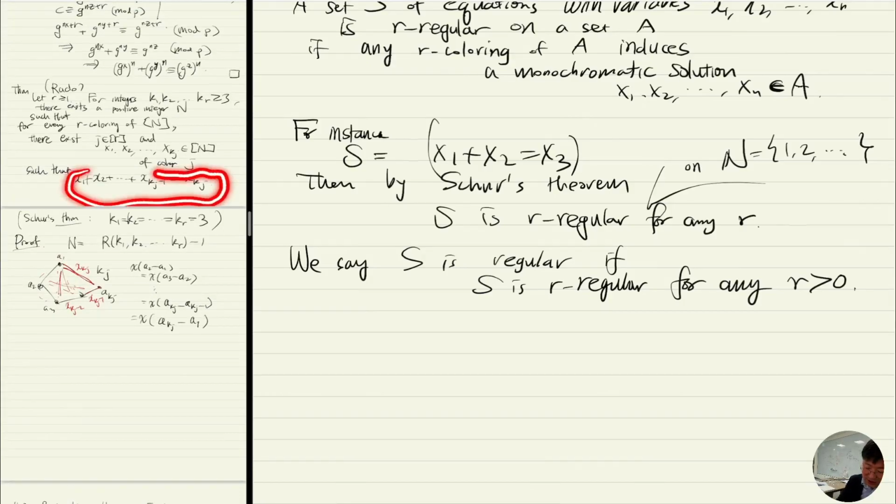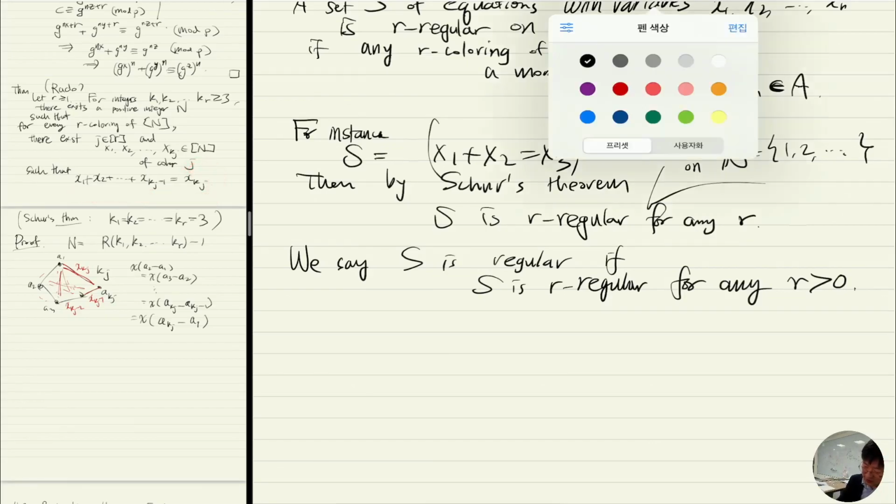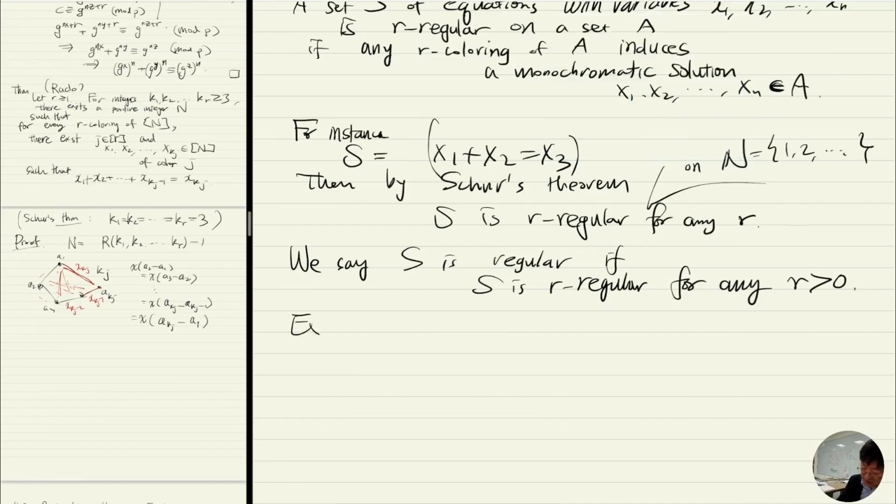For example, x1 plus x2 plus ... plus x100 is equal to x101. This is regular, right? Because there's a monochromatic solution no matter how I color the set of positive integers with binary colors.